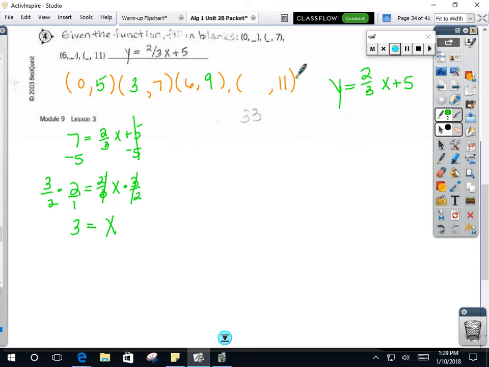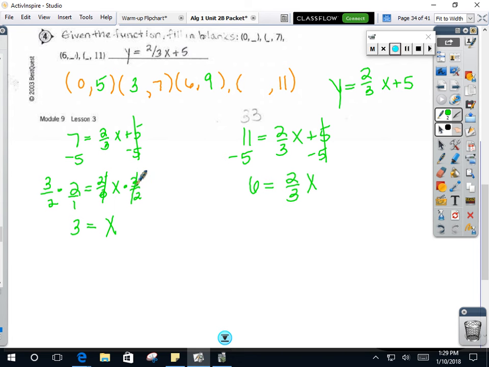Okay, now in the last ordered pair, the given information is the y value. So you'll replace the y with the 11, and then from there you'll have to solve for x. So what do we do first? Those cancel out. We end up with what on this side? 6 equals 2/3 x.